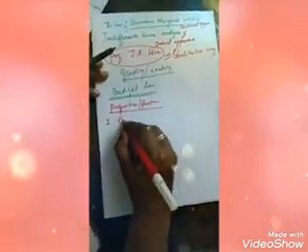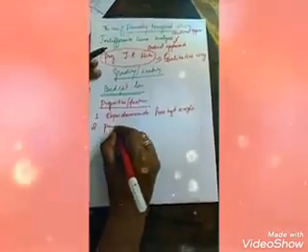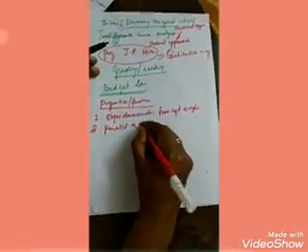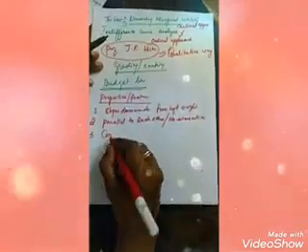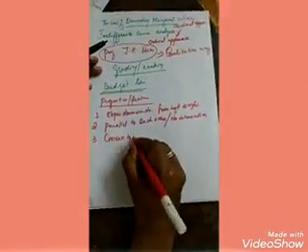First, the indifference curve slopes downwards from left to right. Second, the curves are parallel to each other, so there is no chance of intersection of the curves. The third is that it is convex to the origin.